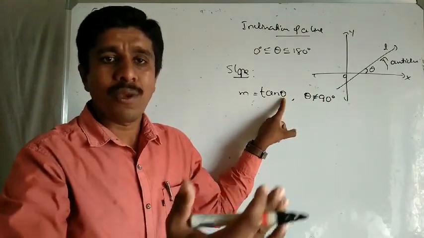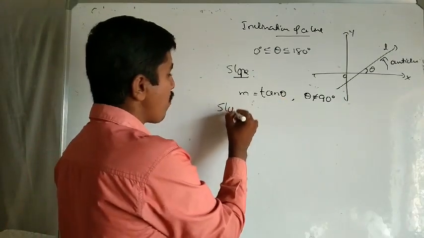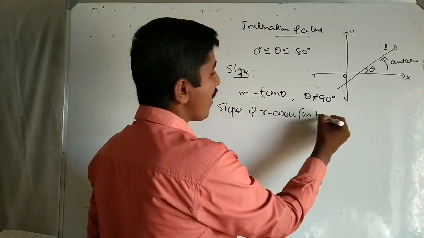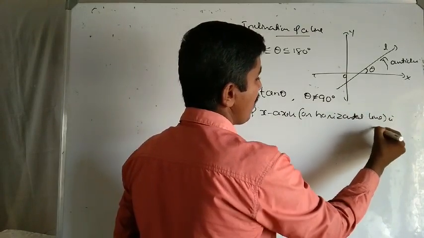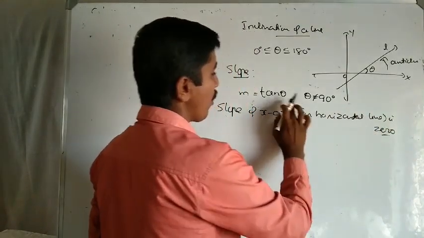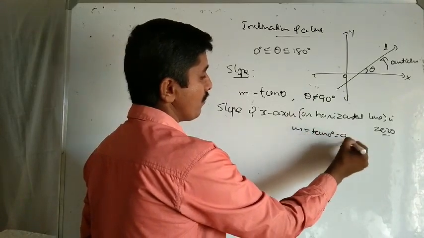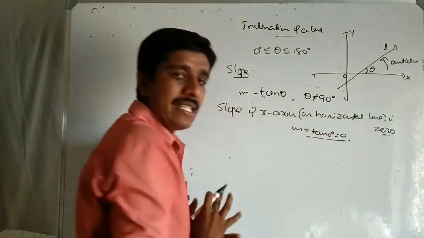The slope of the x-axis or any horizontal line is 0, because theta equals 0 degrees and tan 0 degrees equals 0.